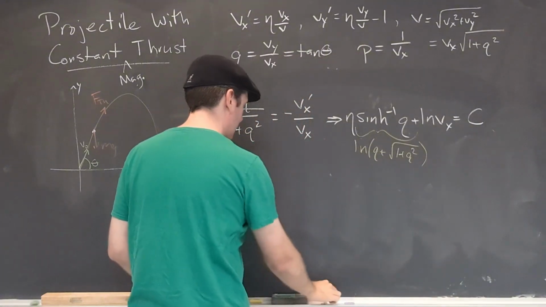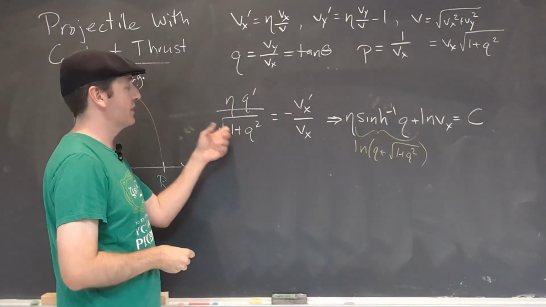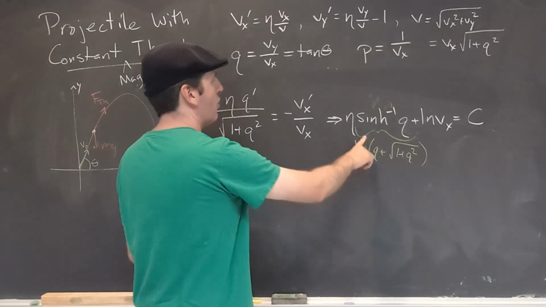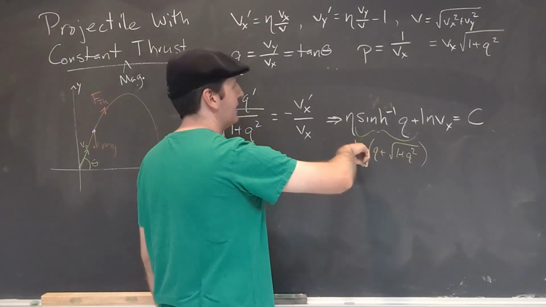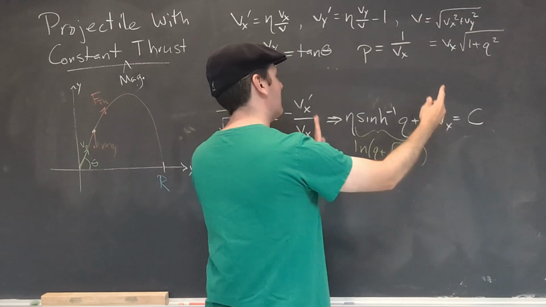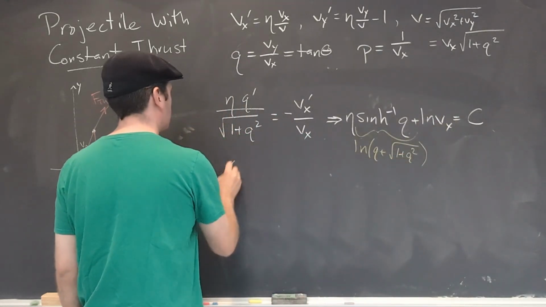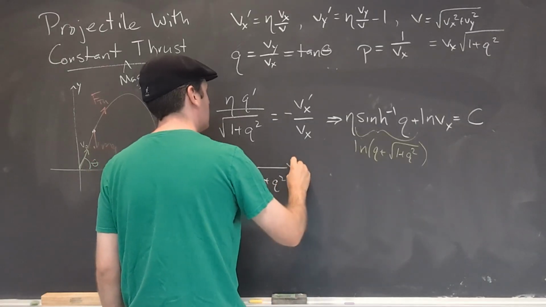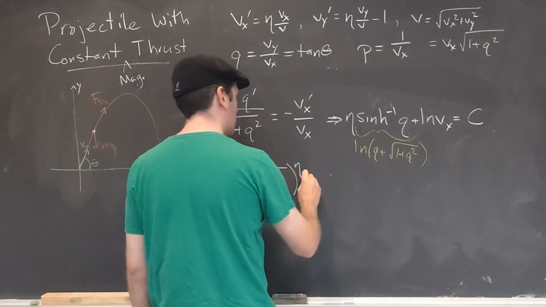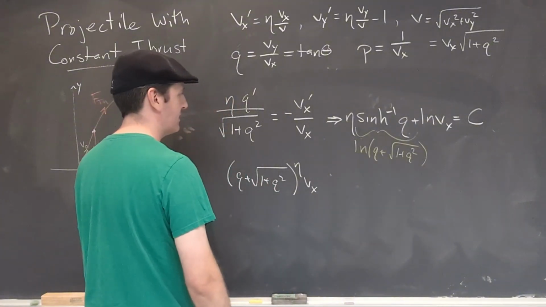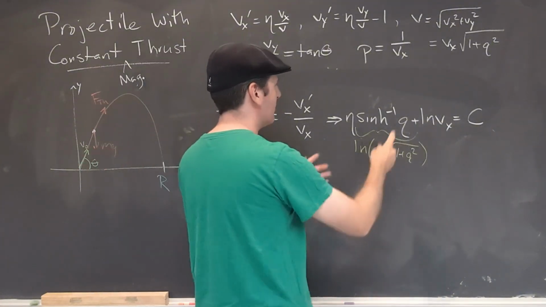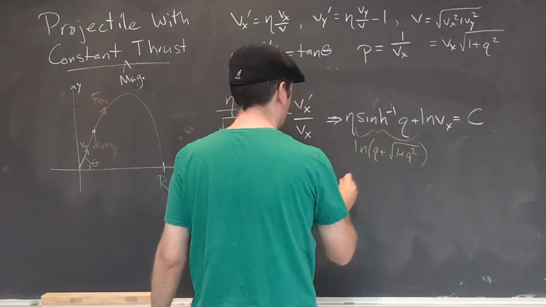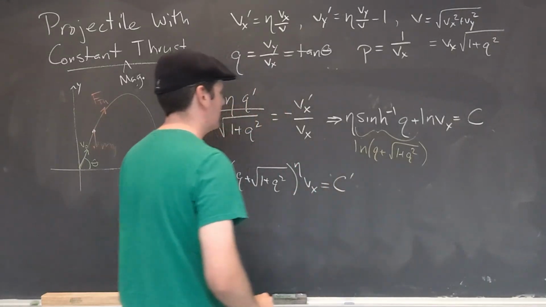That's how we write it. That's also how you would get this if you didn't know about hyperbolic functions. Once I've got that natural log, the eta can move to the power. I now have a sum of logs. So the other way of saying this is that q plus this square root to the eta power times vx, all of that is equal to e to the constant, which I'll just call some other constant.